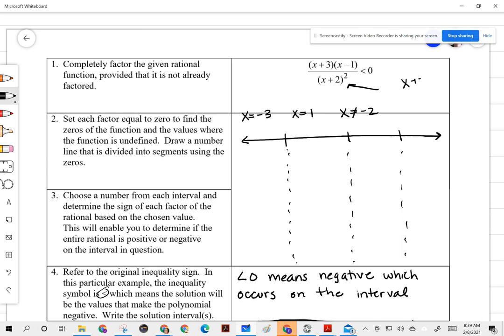So x plus 2 cannot equal 0, therefore x cannot equal -2. That's where I get that. And now I'm just going to take this idea and put it into that number line. So ordering them, again, I'm circling my zeros, and then I put an X through my vertical asymptotes.